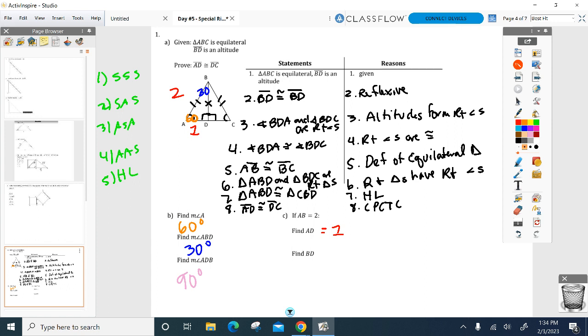And then talk it over in your group right now. How can you find BD? How you guys finding BD in your groups?